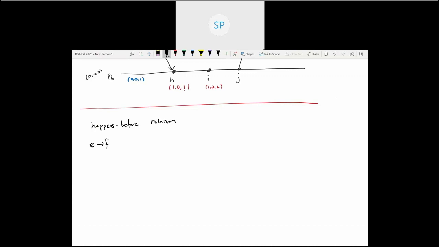We were going to say that for two events, E and F, E happens before F if two conditions: E and F are on the same process and E occurs first, or E is the send and F is the receive of the same message.